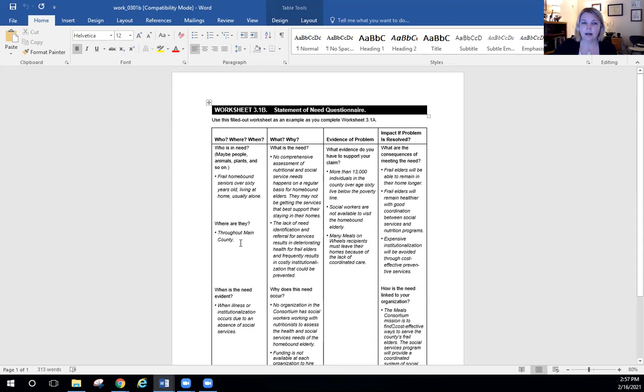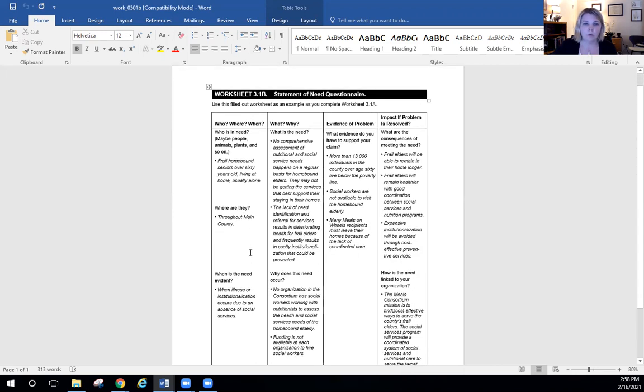Again, being specific here, if it's within a community, a specific neighborhood or zip code would be good. Addressing when it is most evident is important, and then what the need actually is and why the need occurs.